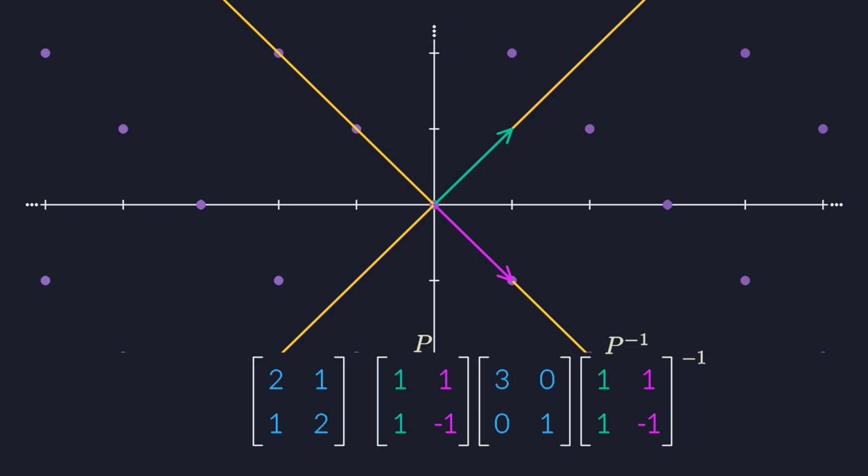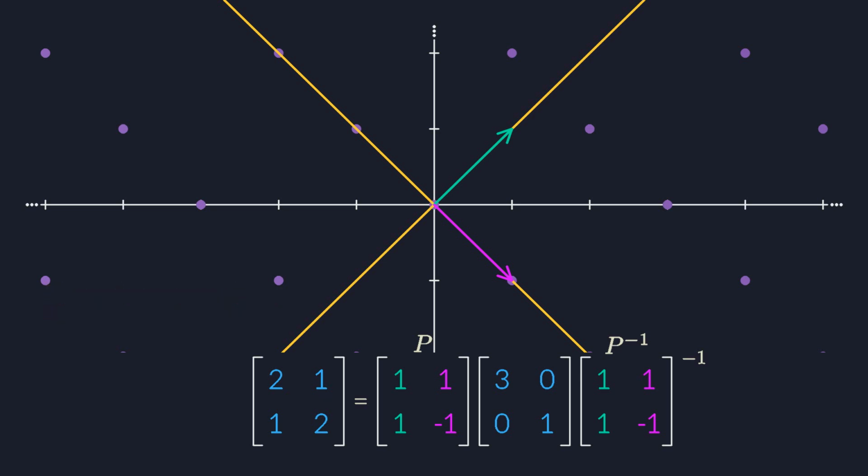We want the new basis vectors to be the eigenvectors of our matrix, so we put those in the columns of P. Et voilà! This is how you diagonalize a matrix. This is called the eigendecomposition. We have decomposed our non-diagonal matrix into a product of 3 parts. 1 part diagonal and 2 parts basis change.